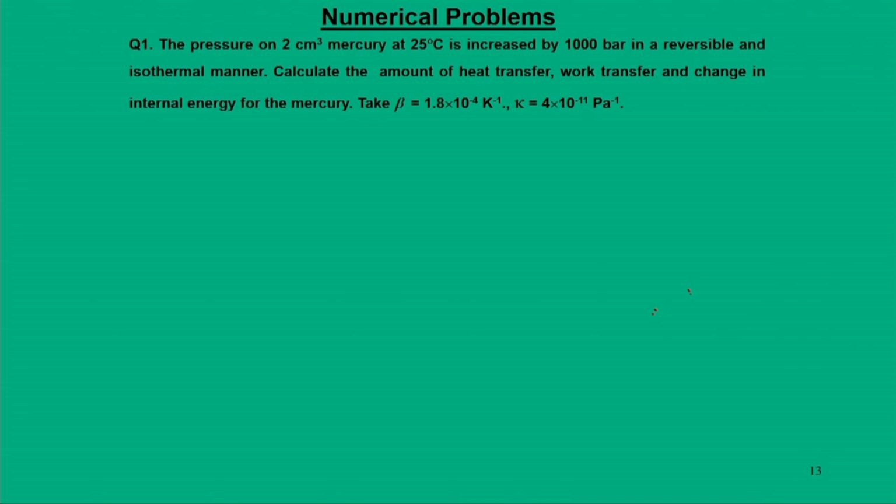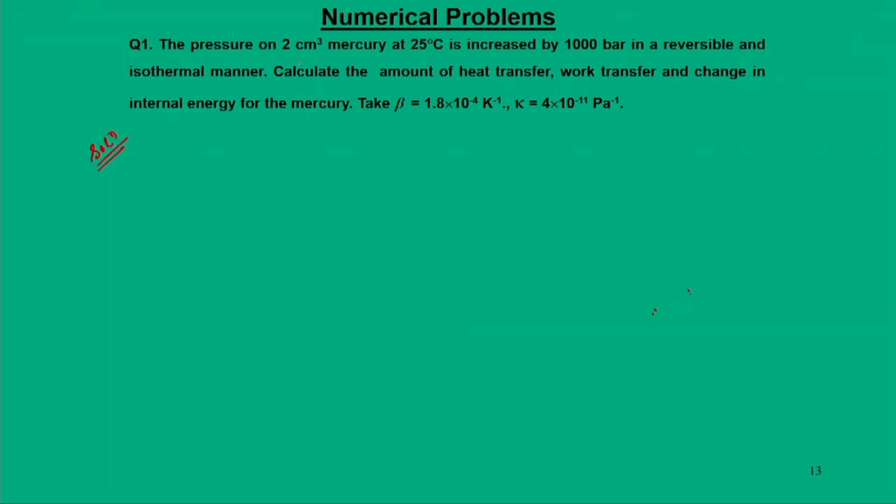The intended audience can please refer to the slides for the derivation of the equations. The first problem talks about the last two segments of our discussion: when the pressure is increased in a reversible isothermal manner for a pure substance, and when the pressure is increased in an isentropic manner.